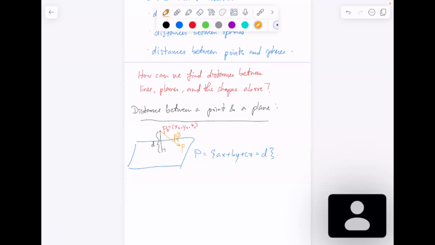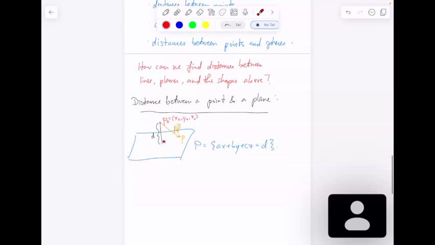And if I could project this vector onto the normal, then that should get me the distance from P0 to this plane, right? Hopefully this makes sense, this is a right angle triangle, it's just lying sideways here. There's an angle here, and I want the length of P0P projected onto this normal direction.